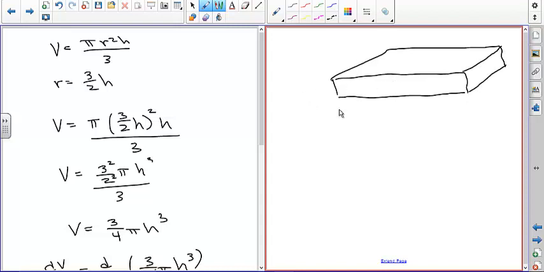And the dimensions are 25 feet in this direction and 20 feet in this direction. And this is the changing dimension. So that's the height of the pool. So what is the volume of water at any instant in time in terms of the 3 numbers that I've given you?